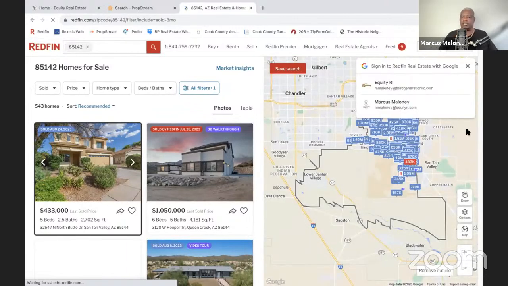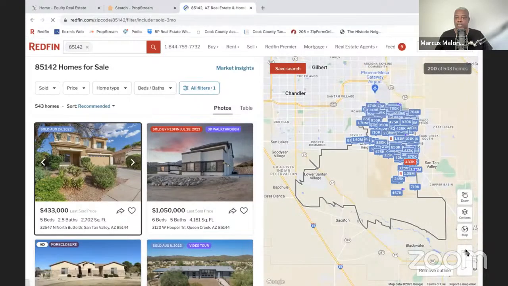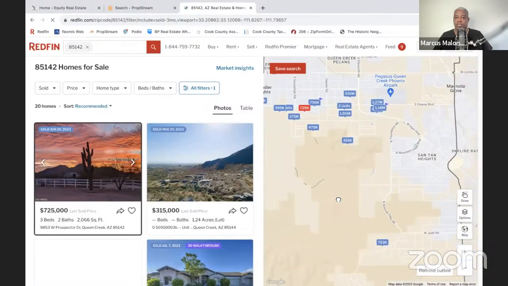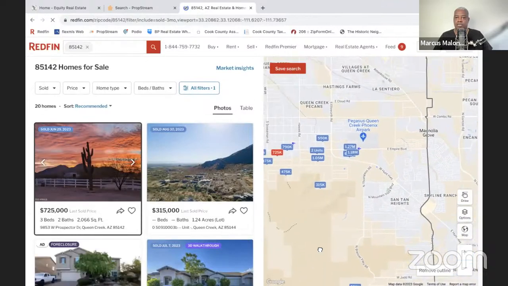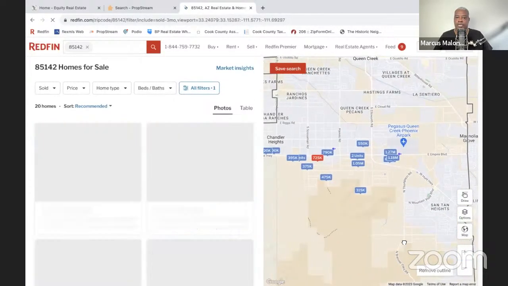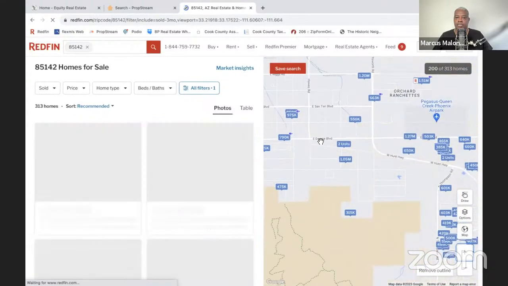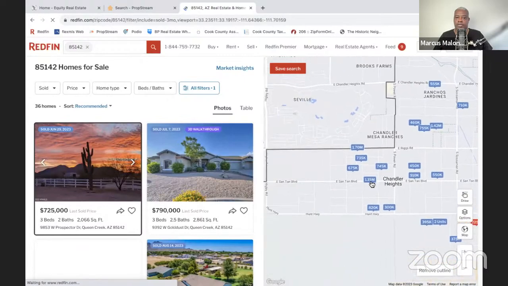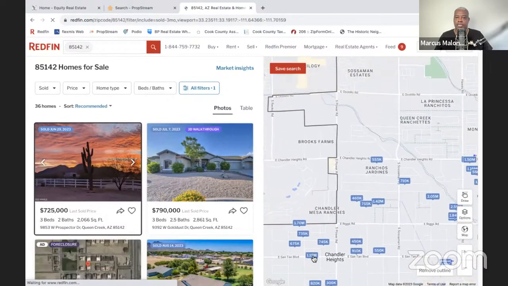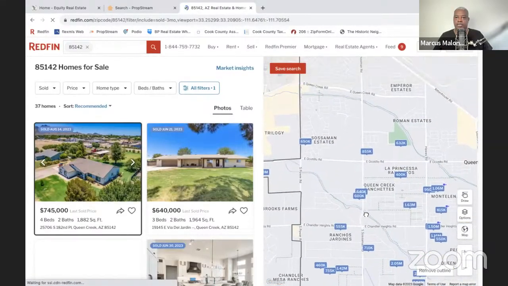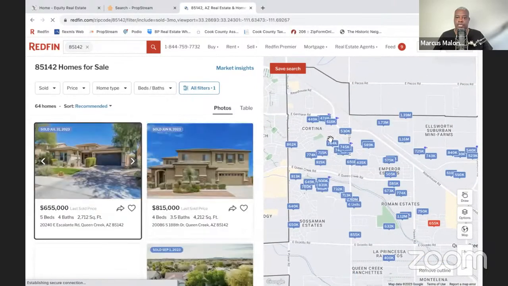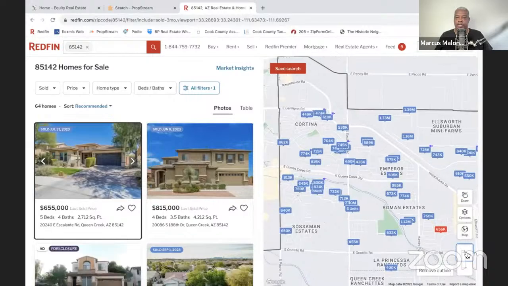All right, so I can zoom in. Let me move myself out the way. Where are we at? I think we are all the way up here. Okay, this is where we are in this Cortina area here.